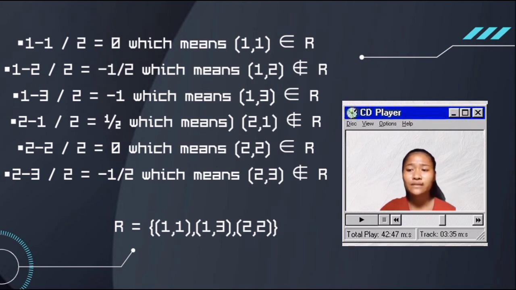We will only repeat this method to know if the following ordered pairs are elements of relation R. 1 and 2 is not an element of relation R because negative 1 over 2 is not an integer. 1 and 3 is an element of R because (1 minus 3) over 2 is equal to negative 1, which means that it is an integer.